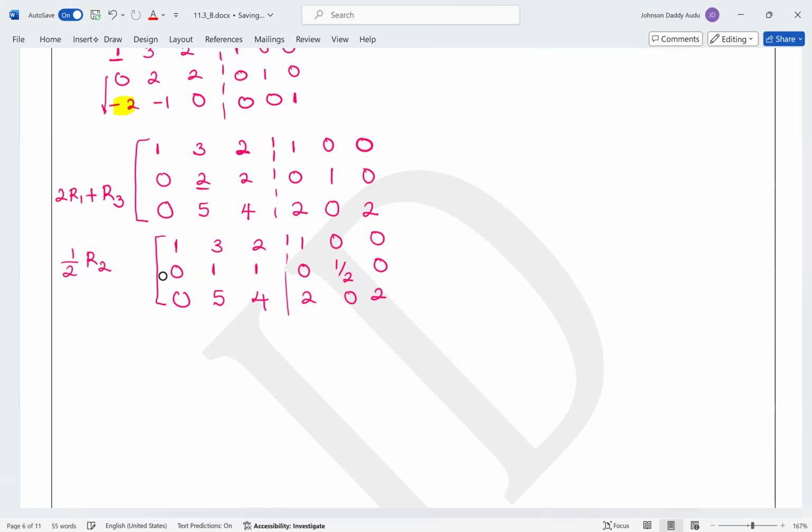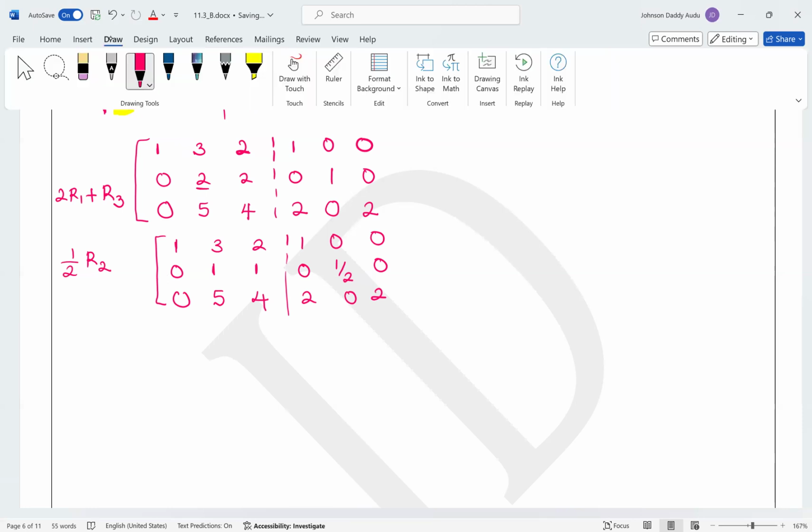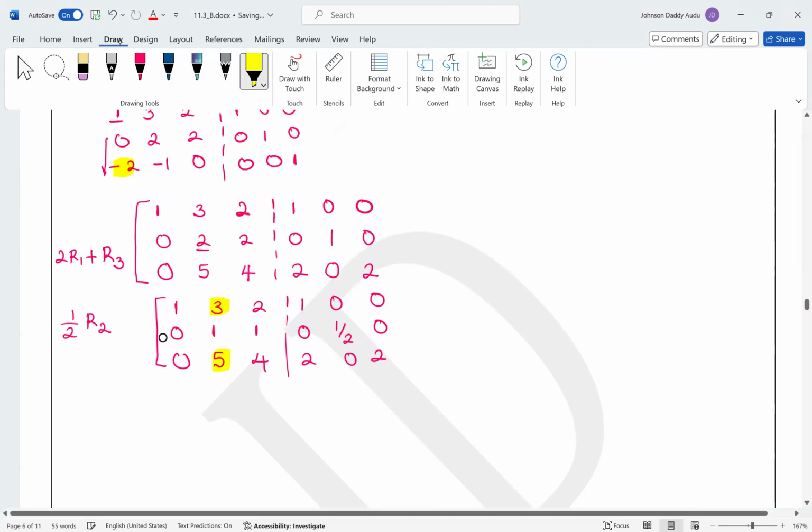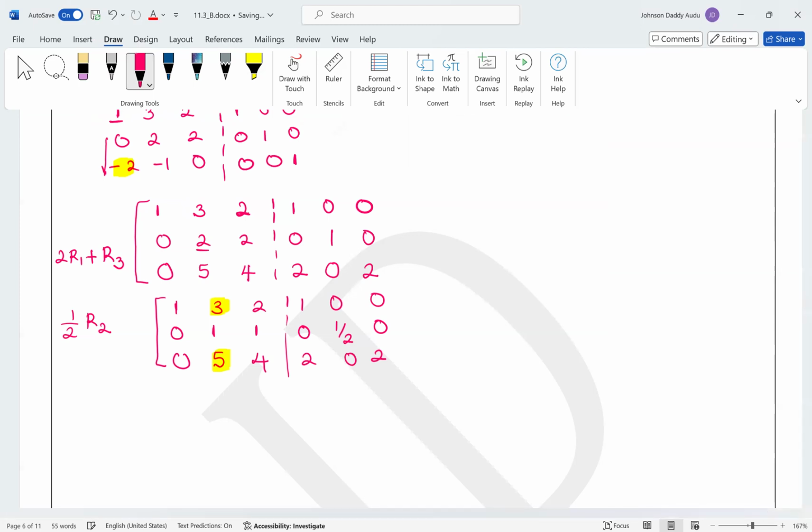So the next step will be to convert this to 0 and this also to 0. So what we can do is we can just add, remember this one to go.